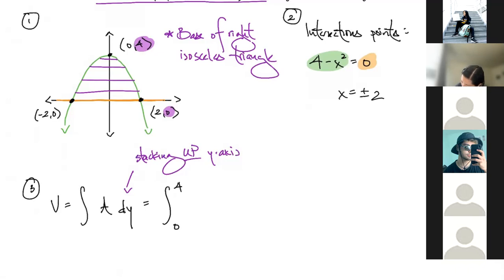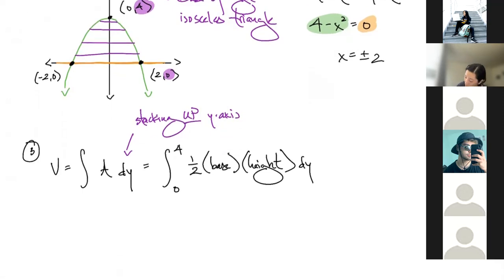So I'm going to put 1/2 base times height dy. Okay. Now in the next line, I'm going to go ahead and bring the 1/2 out to the front. I know any constant I can just bring out to the front. So 1/2 times the integral from 0 to 4.